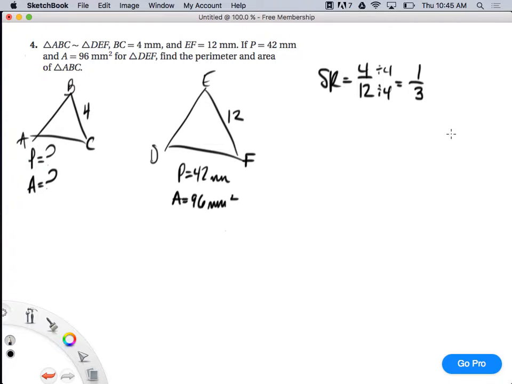Okay, that's my similarity ratio. What's my perimeter ratio? What do I know about the similarity ratio and the perimeter ratio? They're the same. So if the similarity ratio is 1/3, my perimeter ratio is 1/3.